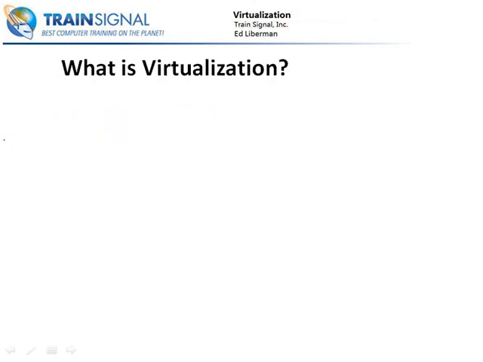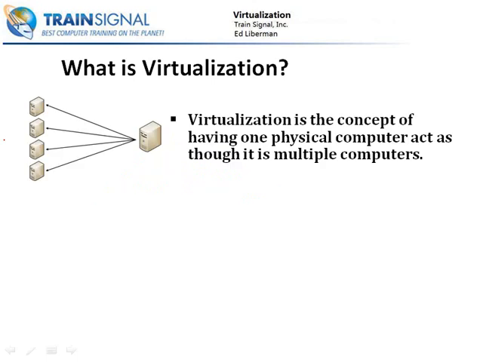So, what is virtualization? Well, virtualization is really a fancy word. It's a word I've probably already said too many times, but anyway, it's a word that represents the concept of having one physical computer act as though it is multiple computers. That's pretty cool, huh? In other words, I can have one physical box in my office, and on that one box, I can have many virtual machines.